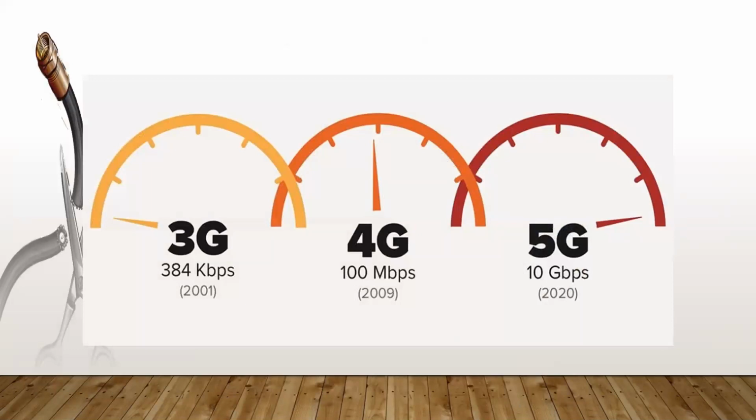However, when you go to 5G, you're going to get 10 gigabits per second. And that's going to be next year. And that's going to give you the speed you need to play high-speed games, to do a lot of things, doing your TV through the internet and so on.